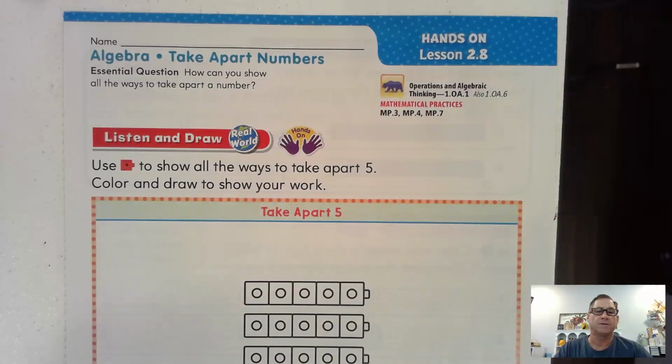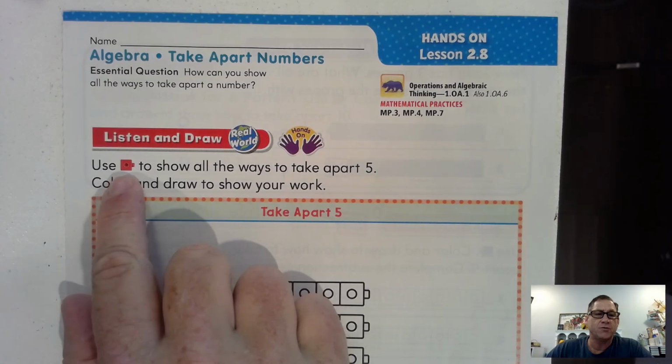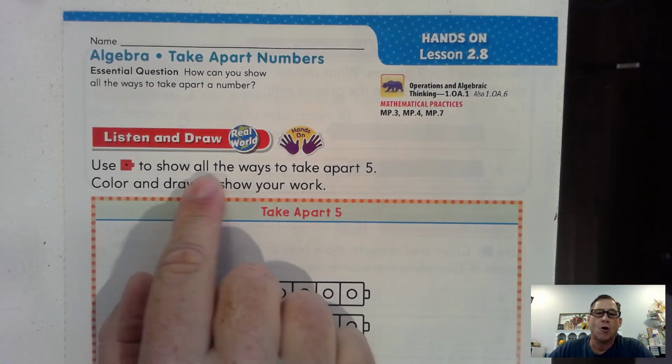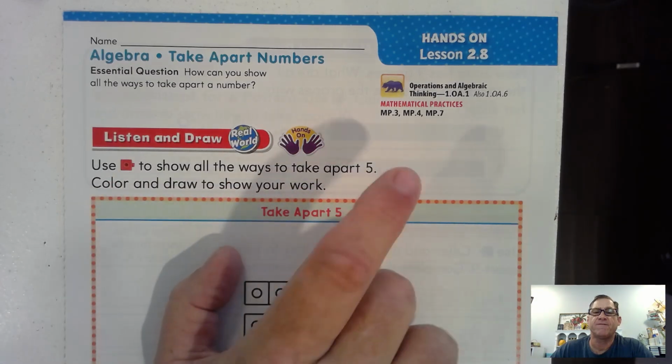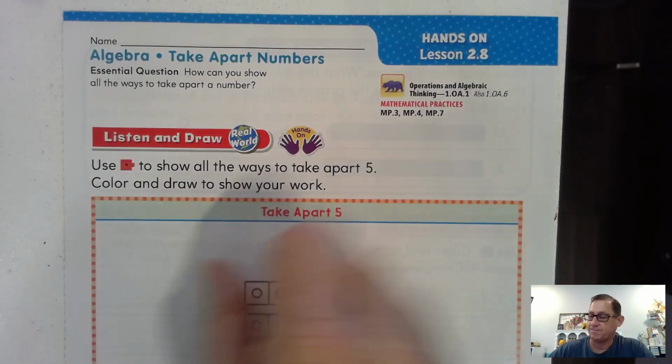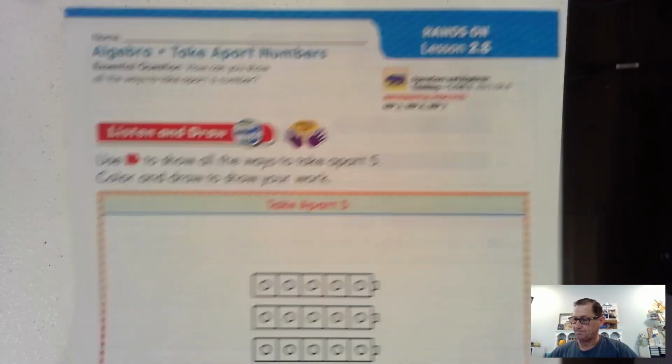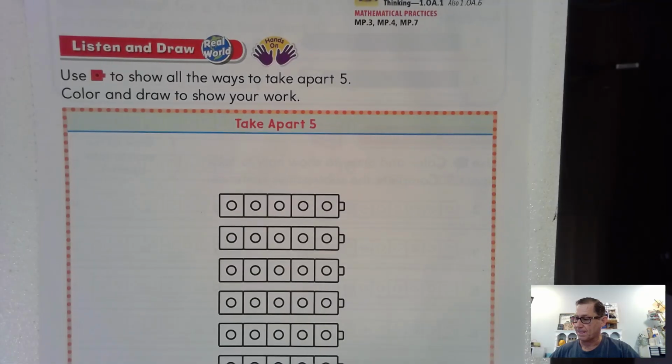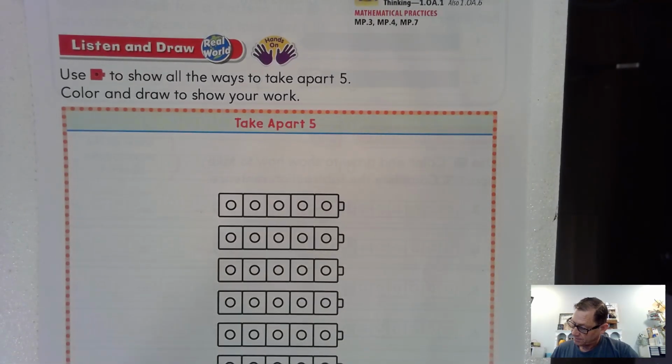Alright, so listen and draw. Use cubes to show all the ways to take apart 5. Color and draw to show your work. So just the word problem basically is Jada has 5 grapes.